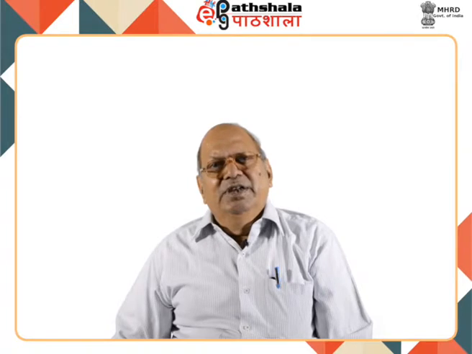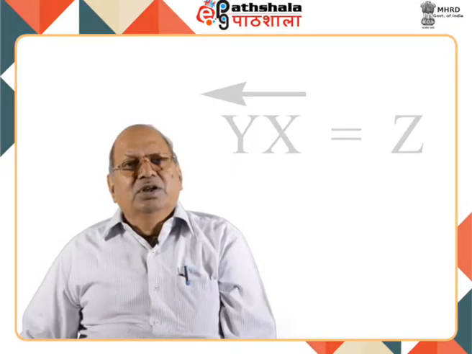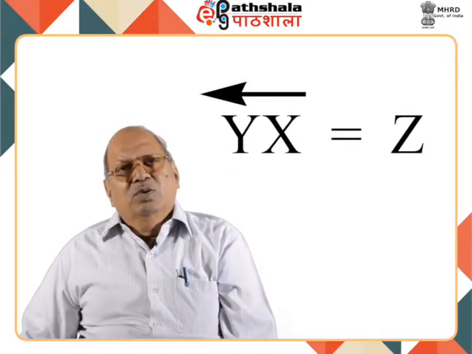There is a definite rule or notation that must be followed when we carry out symmetry operations. The order is given by the direction of the arrow, that is, right to left.